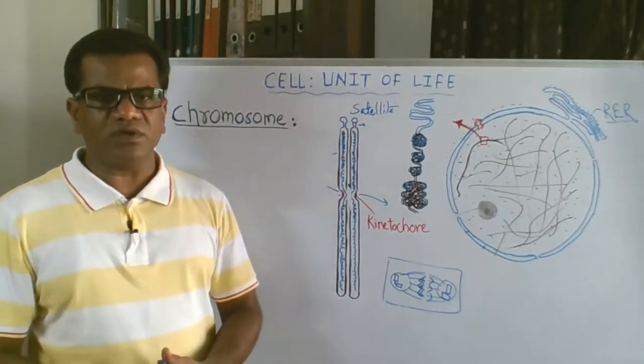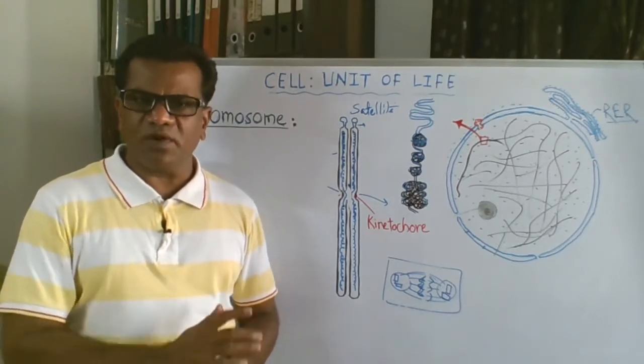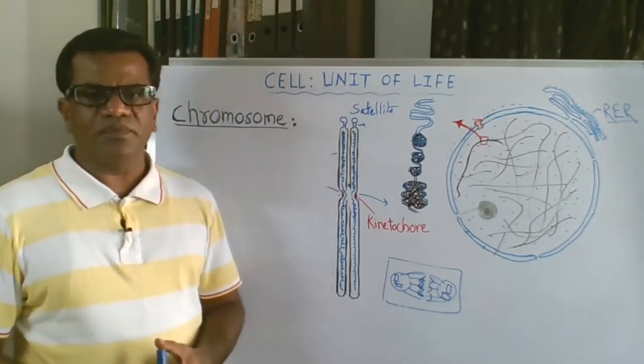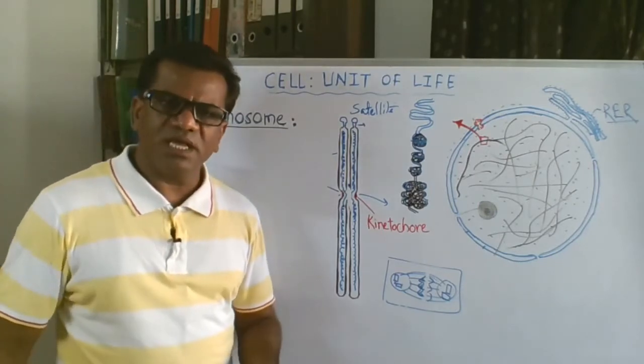It is not odd in diploids. In haploids it may be 1, 2, 3, 4, 5, 6, any countable number.